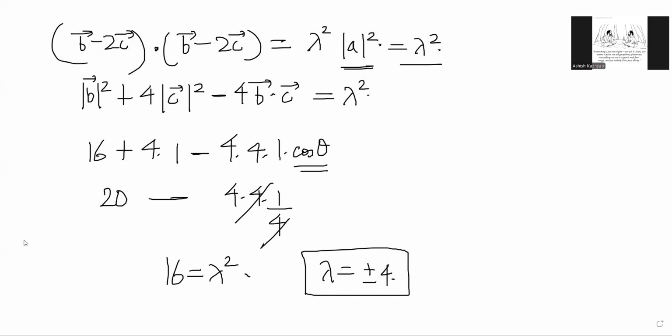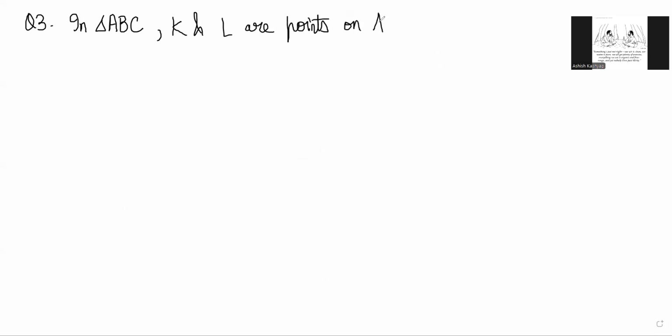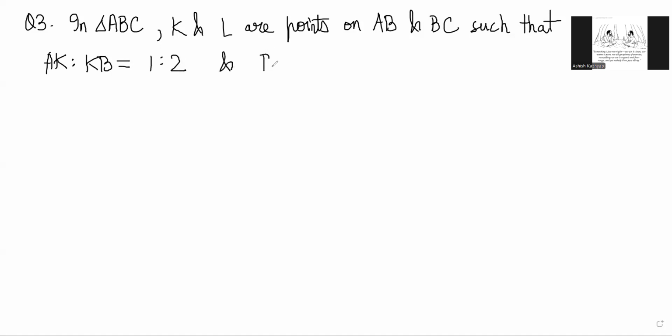The next problem that I want to show you is this question. In triangle ABC, K and L are points on AB and BC, such that AK is to KB is equal to 1 is to 2, and BL is to LC is also 1 is to 2.